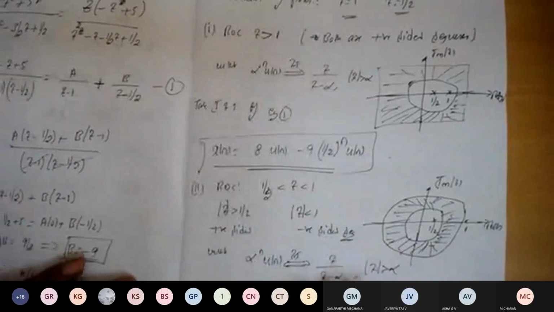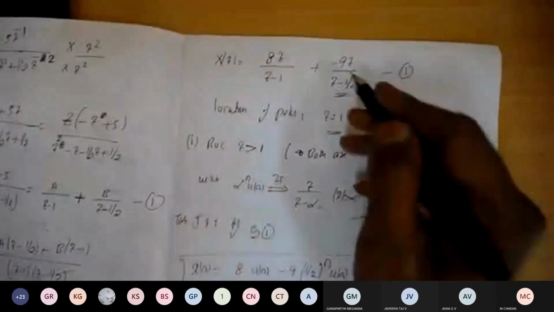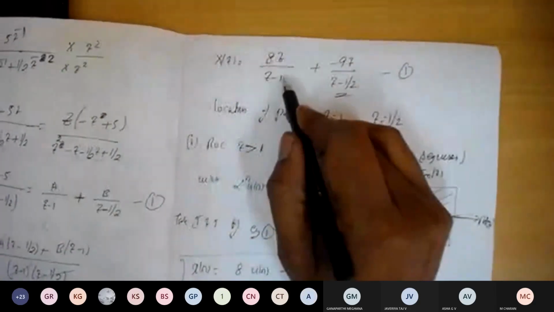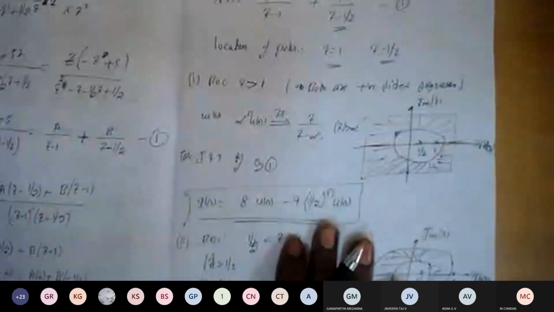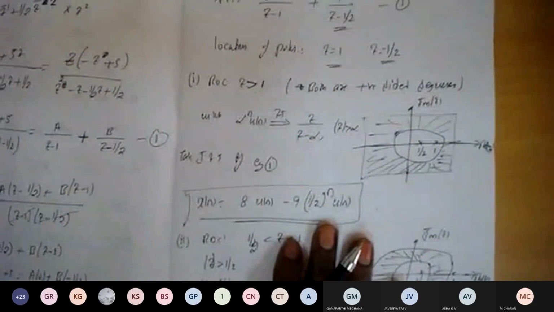By using this, let us take the inverse Z transform. This is the positive and this is a negative sided sequence. We'll take the Z transform of these terms.